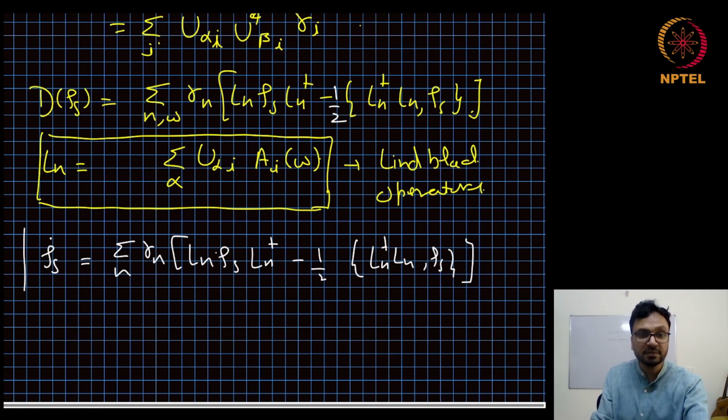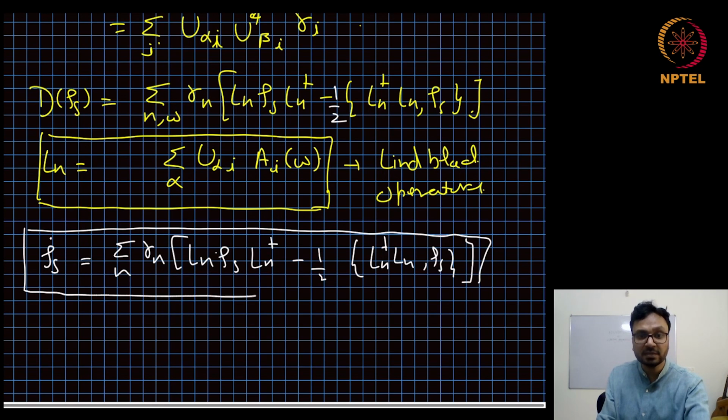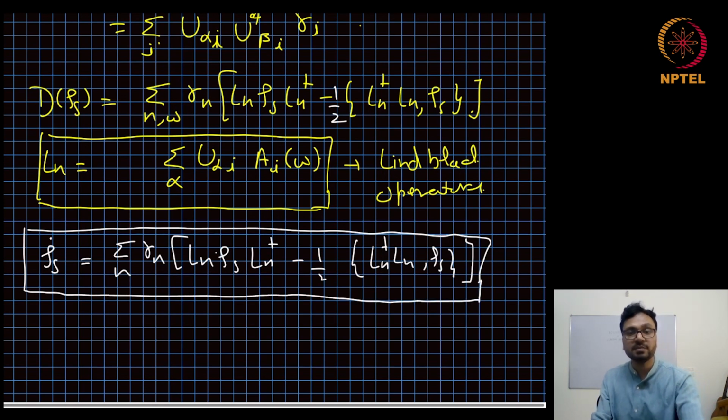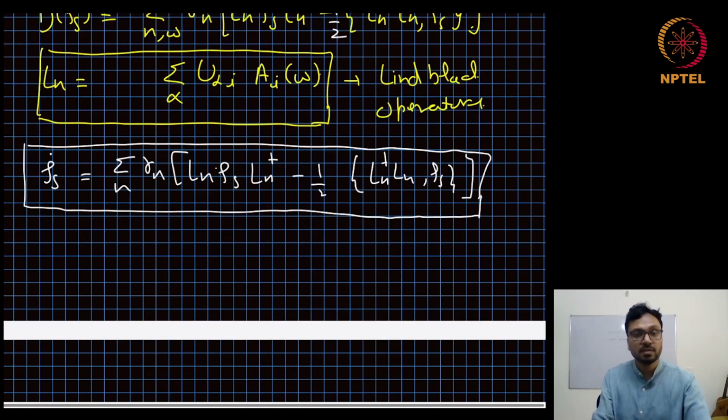So this becomes our final dynamical equation of the system when it is interacting with the bath. We have made certain approximations, but with those approximations we have achieved the Markovian master equation for the dynamics of a system interacting with the bath. This is also called the Lindblad master equation.